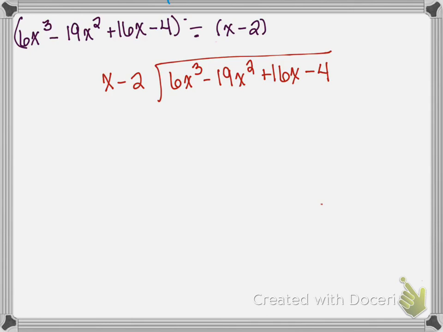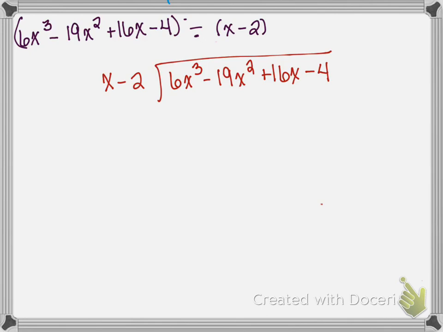Now, look closely at 6x to the third minus 19x squared plus 16x minus 4. It has 4 terms, so if we were factoring that, we would try to factor it by grouping. Could we factor this by grouping? Okay, what goes into the first 2 terms?